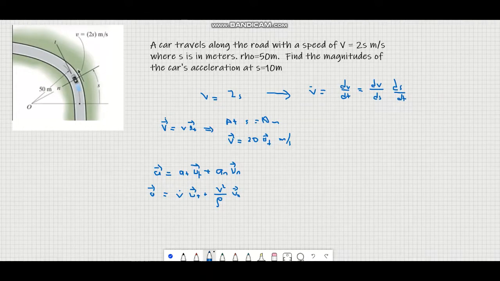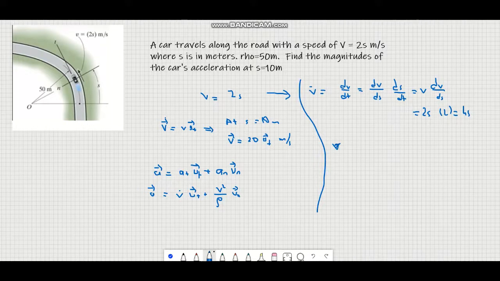I know that ds dt is velocity, so it's going to be velocity times the velocity's derivative with respect to s. Velocity is 2s, and the derivative of 2s is 2, so it's going to be 4s as the velocity's derivative.